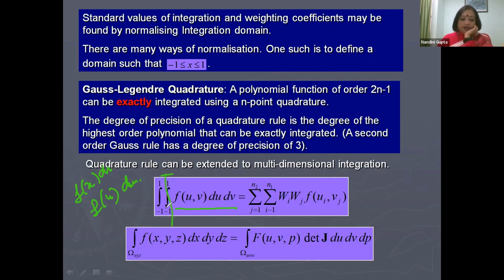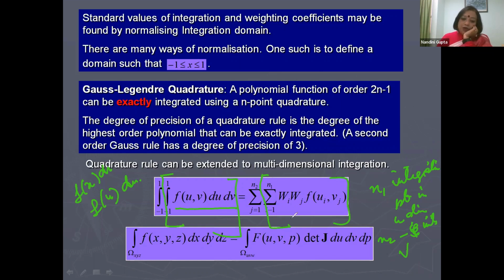So I can first concentrate on the internal integration, which is summation over i equal to 1 to n1, n1 being the number of integration points in the u direction, w_i, w_j, f(u_i, v_j), and then this has to be summed over j equal to 1 to n2, where n2 is the number of integration points in the v direction.